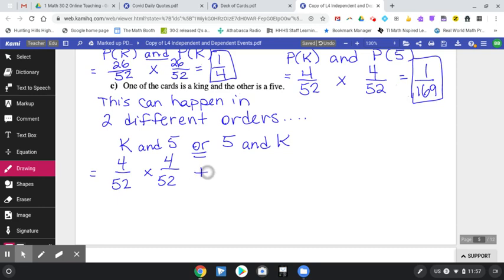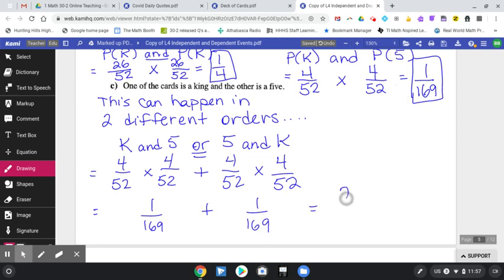Or means add. Drawing a 5 on my first card, and is multiply. Drawing a king on my second card. It's 1 over 169 plus 1 over 169. And my final answer, 2 out of 169.